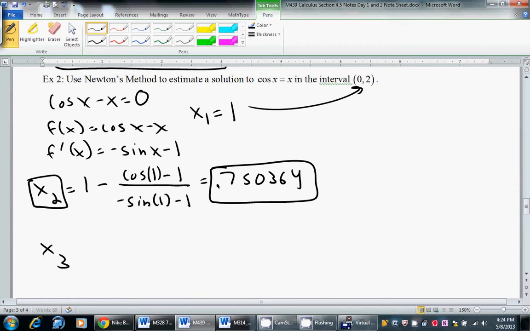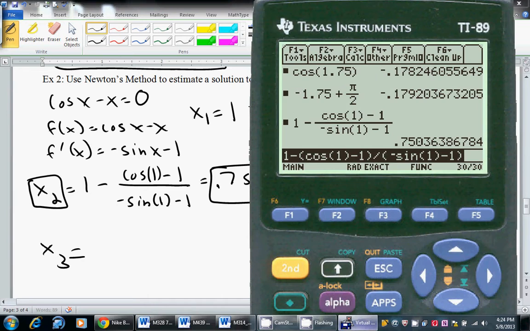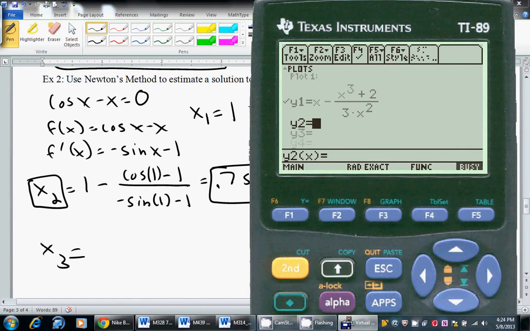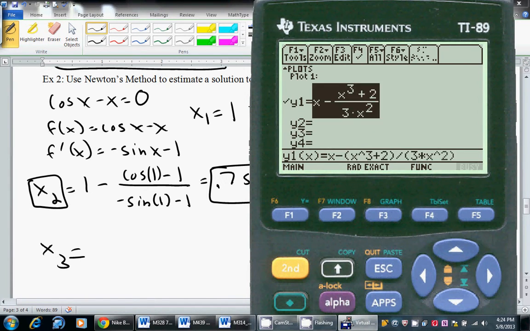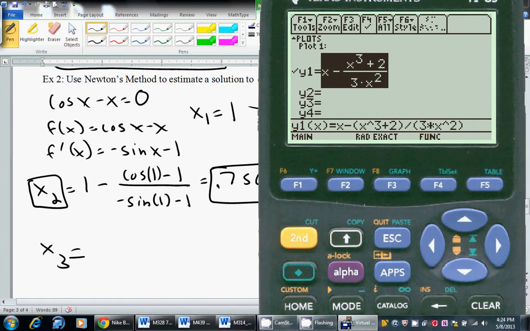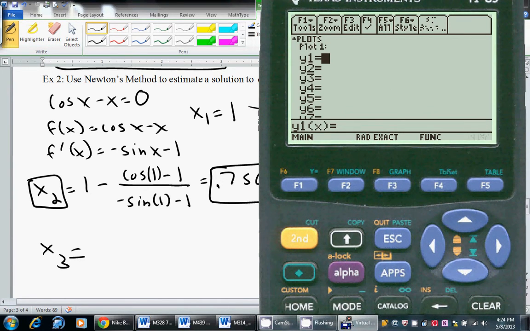So x sub 3 is going to equal, I could repeat the same process here again, however, instead let me just type in what I need to on the calculator. On the calculator, y1, clear out what we originally had.